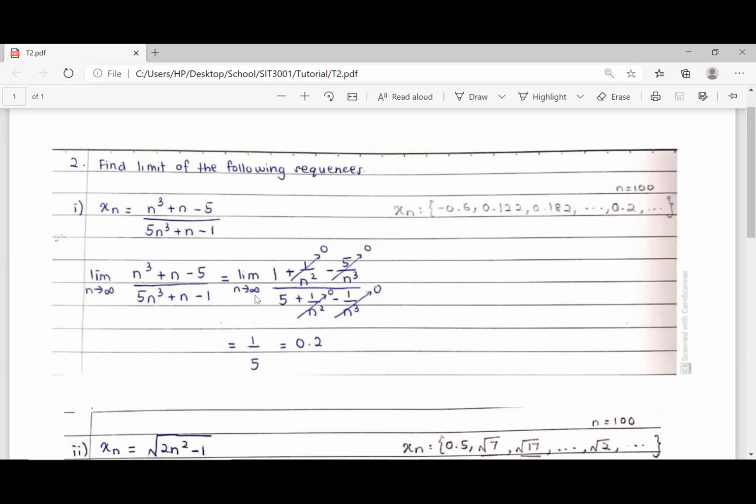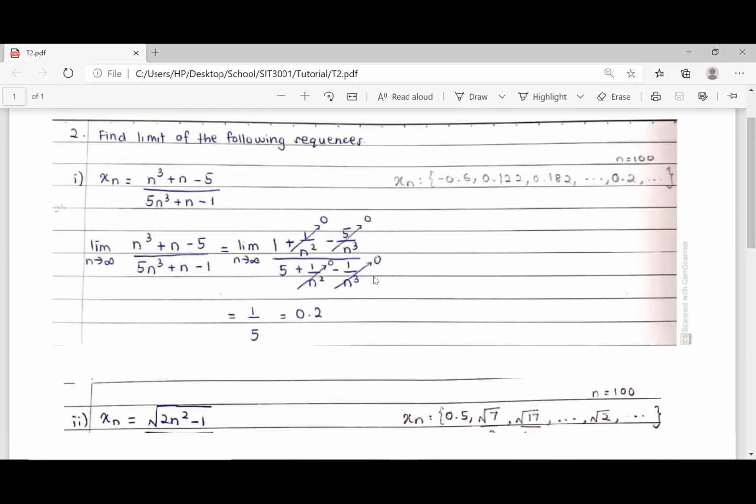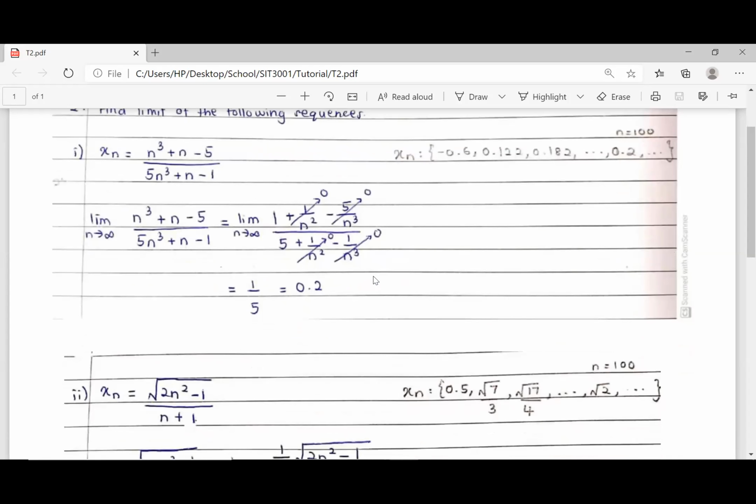But what I did was divide each element by n cubed. That's actually a good strategy as well. And then you take the limit. It's clear that those are 1 over n squared and so on, so they all go to 0. So we are left with 1 over 5, which is 0.2. This is if you use the machinery of taking the limit.